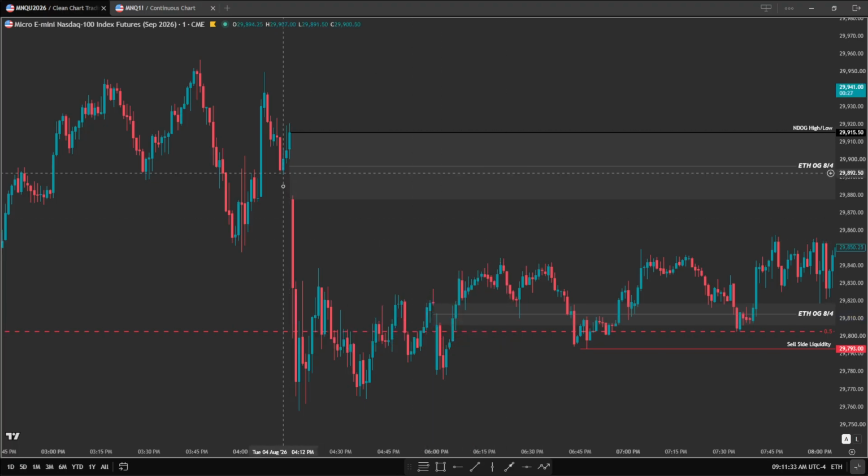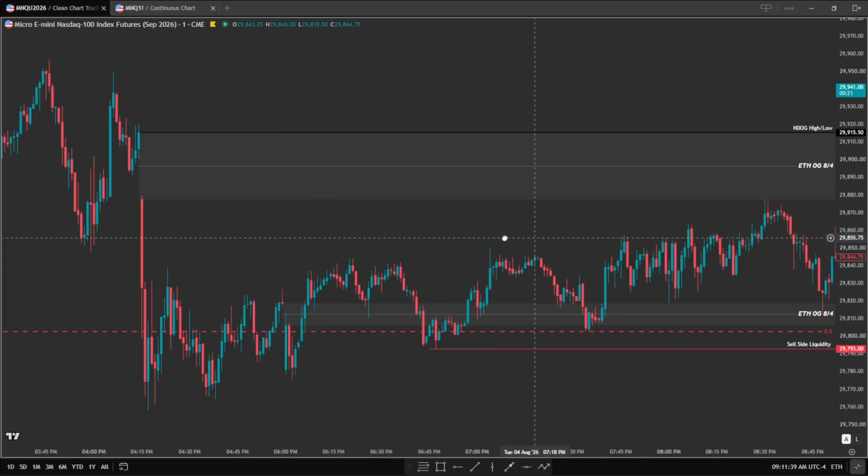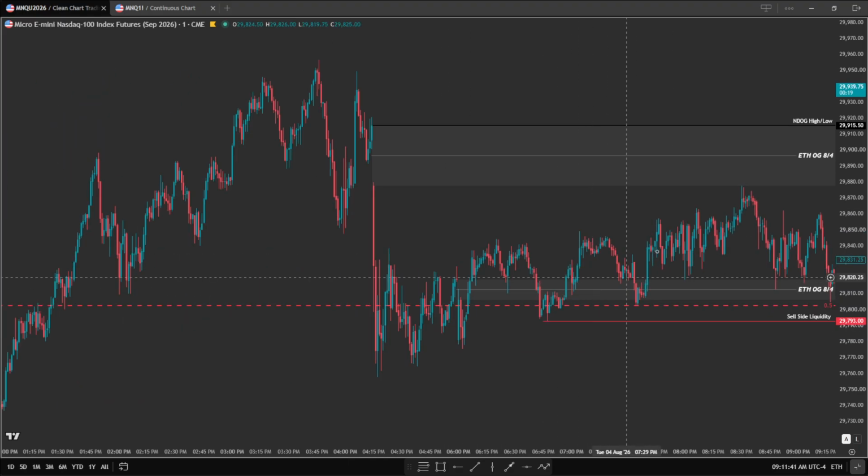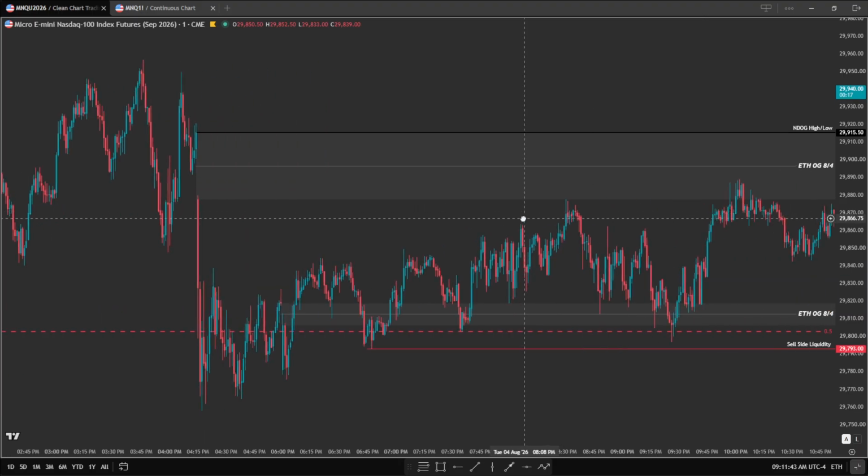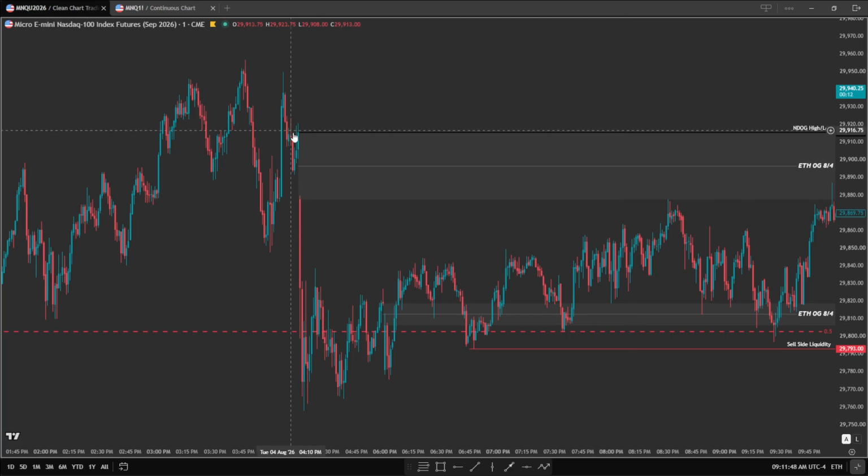This is just a random volume imbalance, essentially. This is the opening gap. Wow, what? It just randomly gapped like that, right as the regular trading hours closed at 4:14. I guess 4:15 technically.